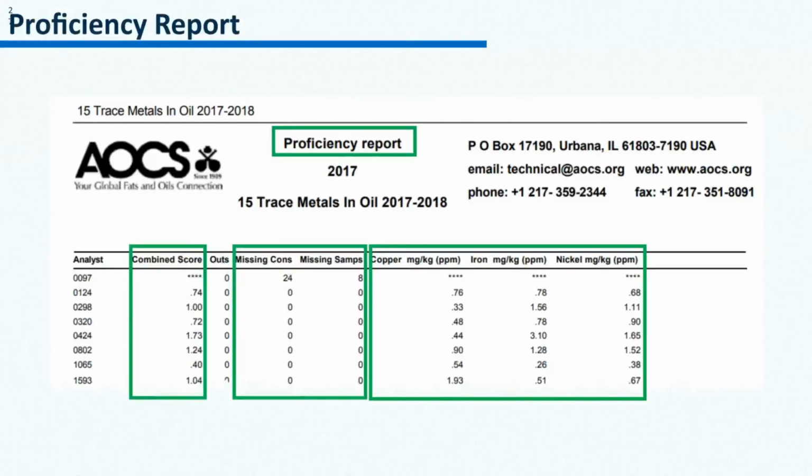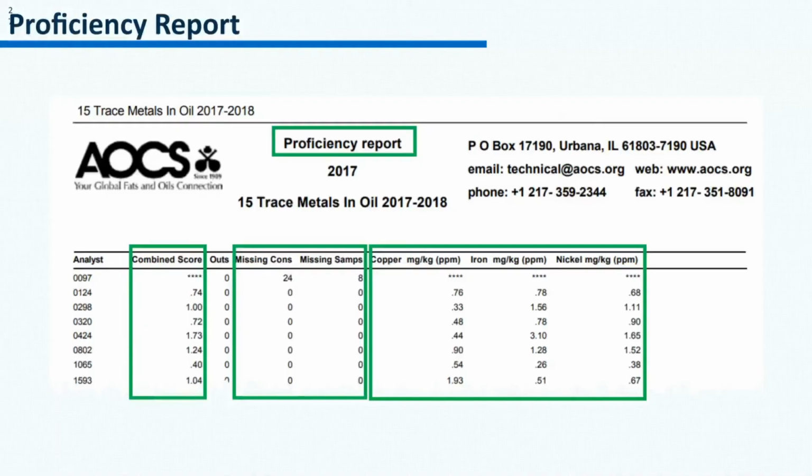The first part of the report is the proficiency report. The proficiency report lists the combined score, the number of missing constituents, and the root mean square z-scores calculated for each constituent. The combined score is an assessment of the performance over the year.